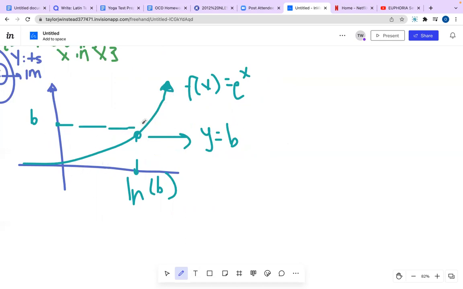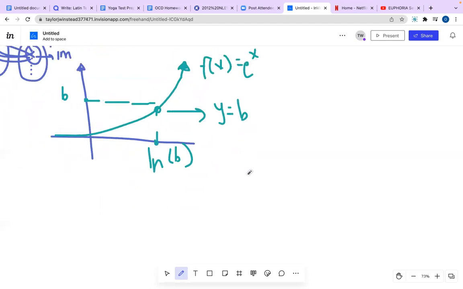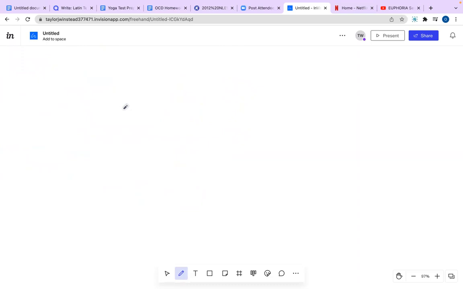And as we can see, it's going to be all positive real numbers, because every positive b, every y equals b line here, is going to intersect with this function. But I thought that was a really helpful way to go about thinking about it.